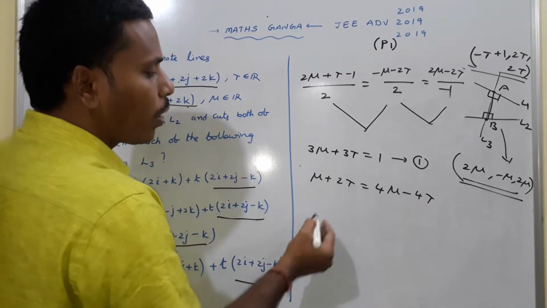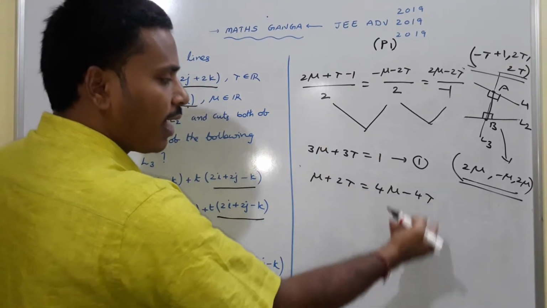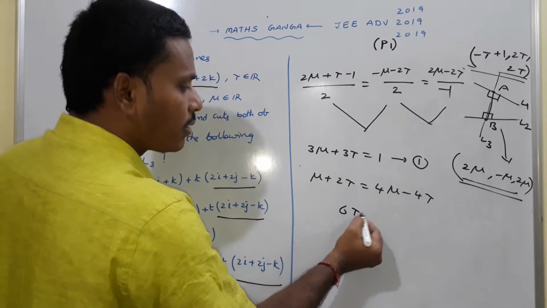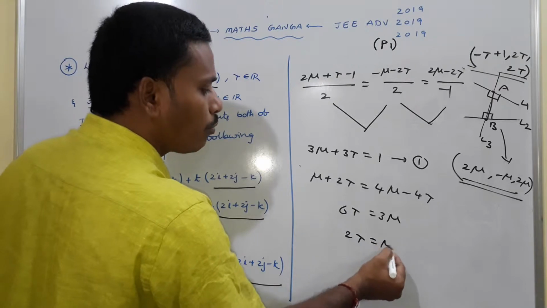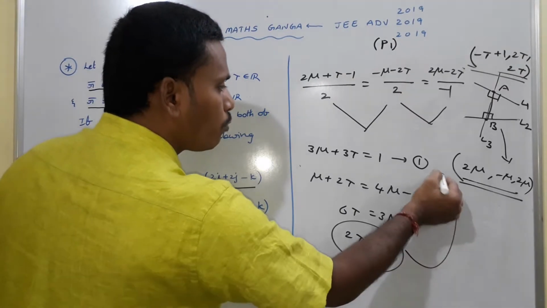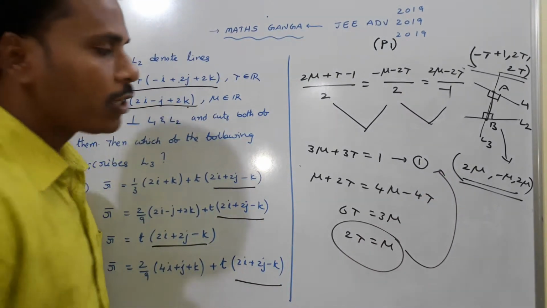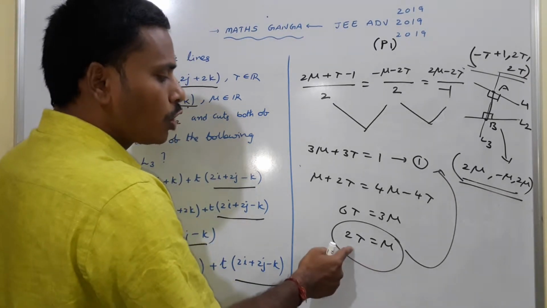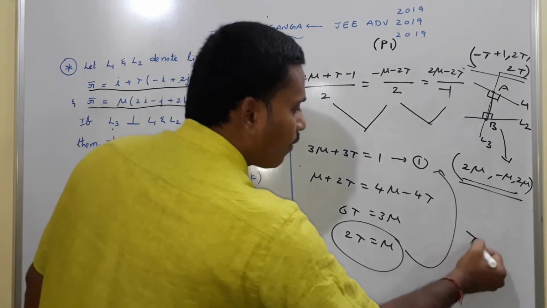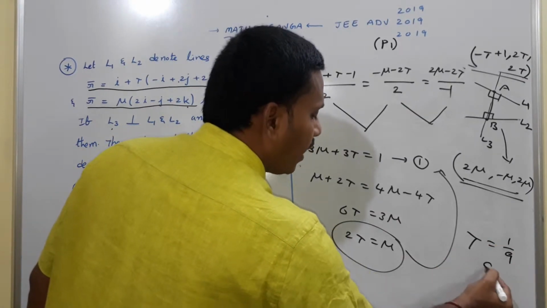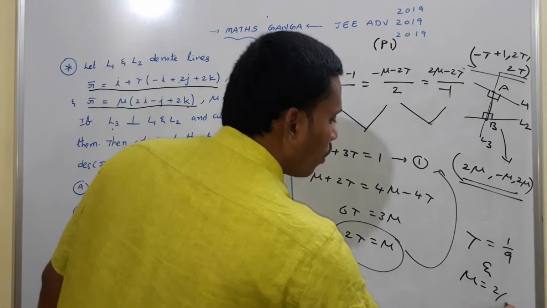Drag everything to one side, I have 3 mu is equal to 6 lambda, that is, 2 lambda is equal to mu. So 2 lambda equals mu can be used in the first relation. By solving this, since mu is 2 lambda, 6 lambda plus 3 lambda, 9 lambda, is 1, and I have lambda is equal to 1 by 9 as well as mu is equal to 2 by 9.